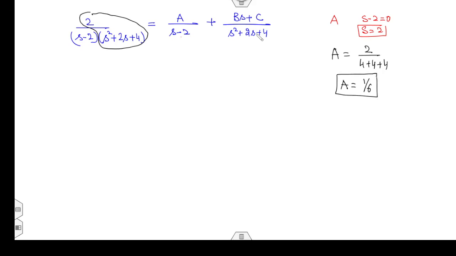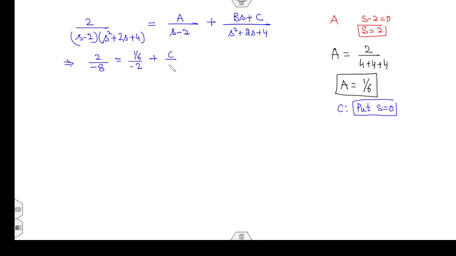Fine. How can you find the value of b and c? I can substitute s equal to 0 in the complete equation to find the constant c. So you will get 2 over minus 8 equals a, which is 1 over 6, plus b, which is 0, plus c over 4.